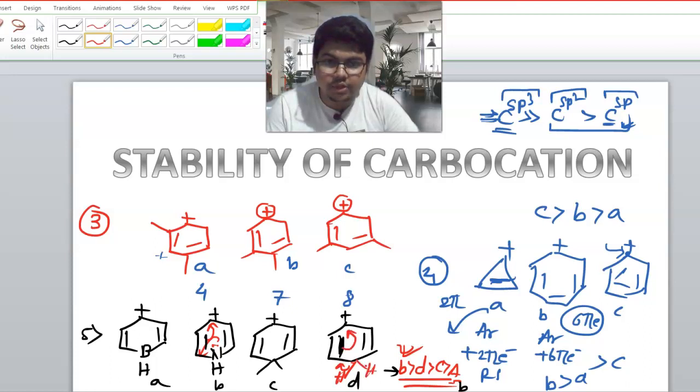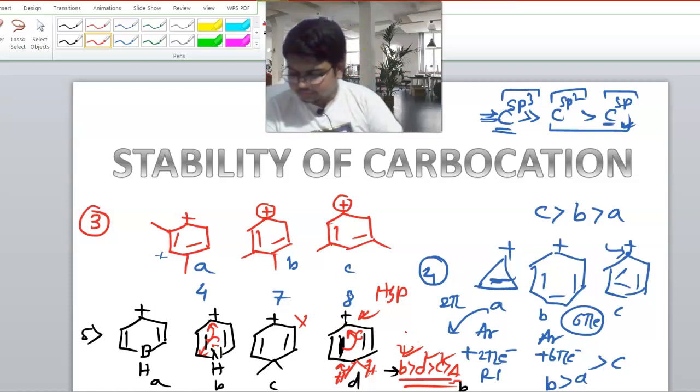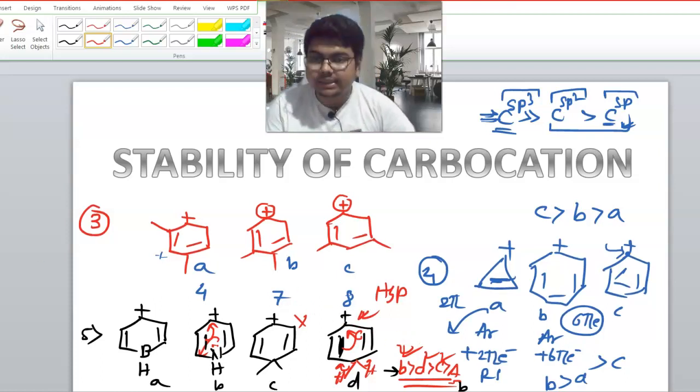Okay, 2 hydrogens can show hyperconjugation, but when it is methyl, the carbon-carbon bond does not show hyperconjugation, the carbon-hydrogen bond does. So here no hyperconjugation. This structure will have hyperconjugation. This will not have any hyperconjugation. So D will be more stable than C. This is how the order is explained. Okay. Next example. 5, 6.